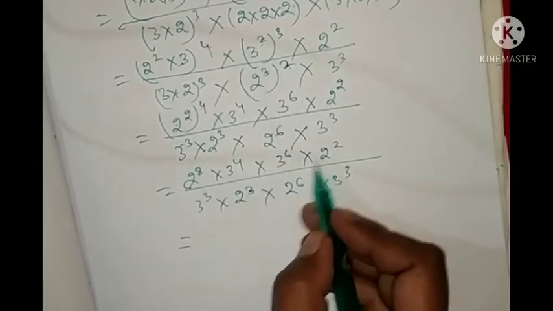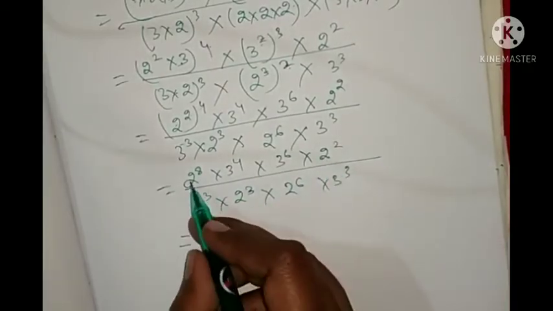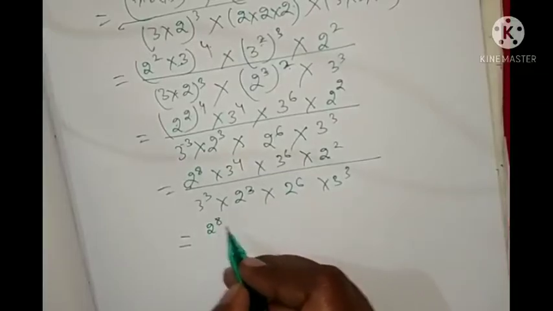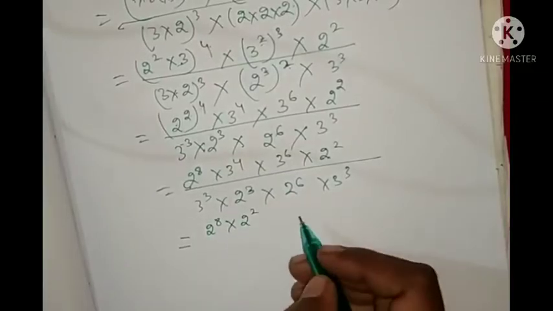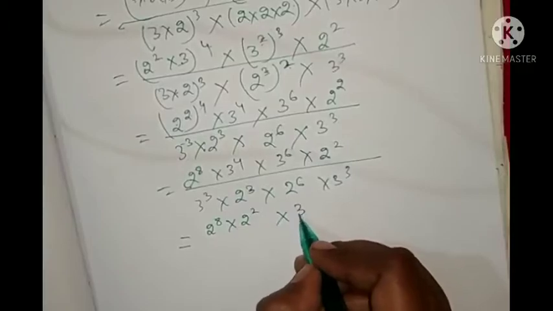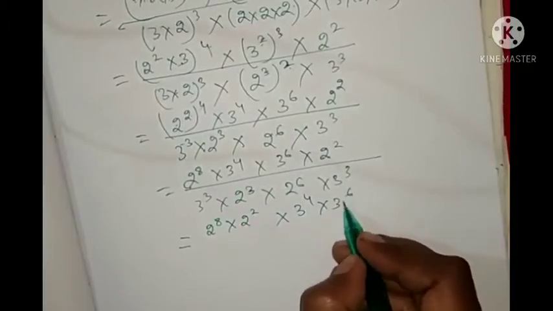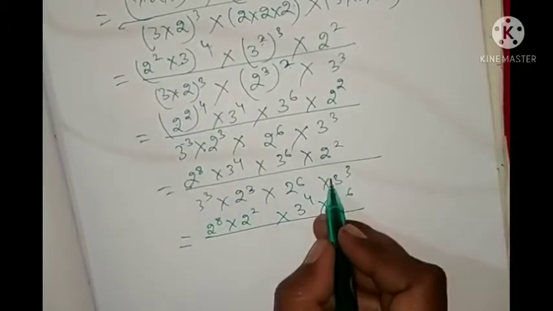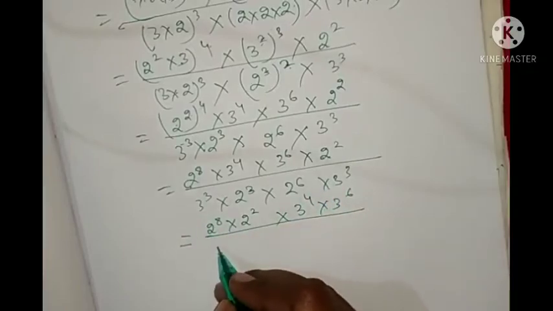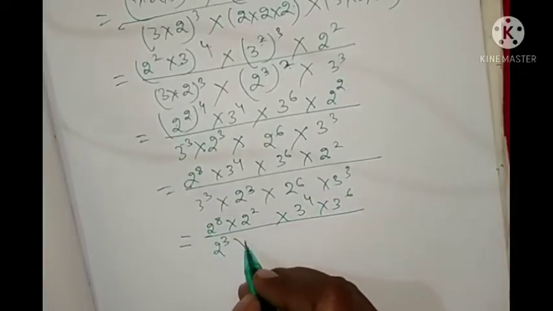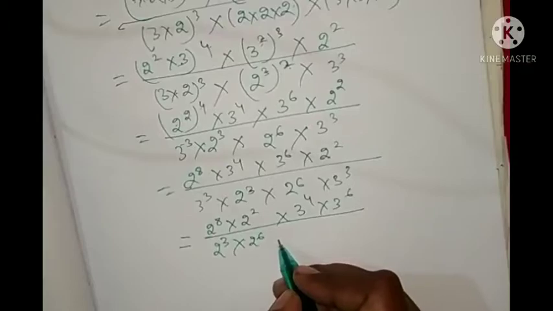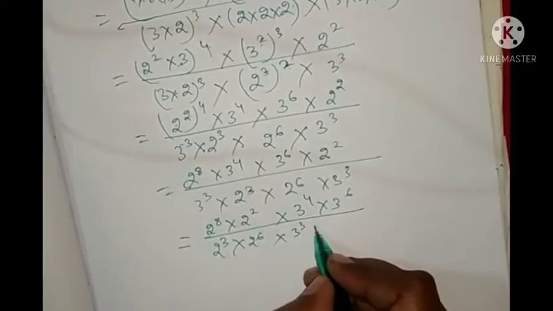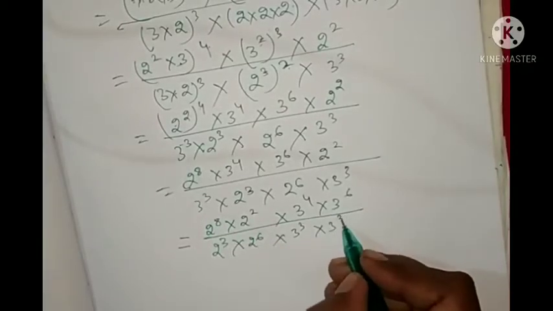Same base, 2, 2, same base is there. So 2 to the power 8 into 2 square. Then you will write 3 to the power 4 into 3 to the power 6. Then downside also, you will first bring 2 cube into 2 to the power 6, into 3 cube into 3 to the power 3 cube.